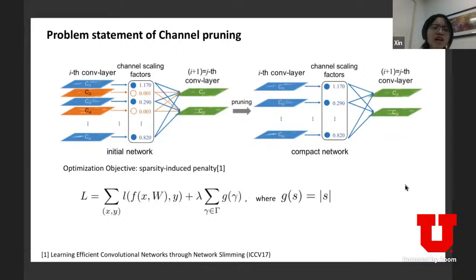So the general idea is that we have a scaling factor for each channel in the S convolution layer. In this figure, there are blue channels and orange channels. For each channel, the scaling factor is different. For the blue ones, in general, they are larger, and for the orange ones, they are very close to 0. On the right subfigure is the convolution network after pruning.